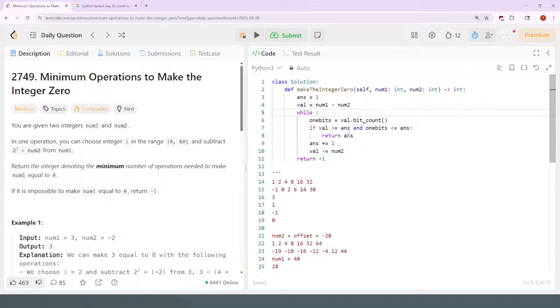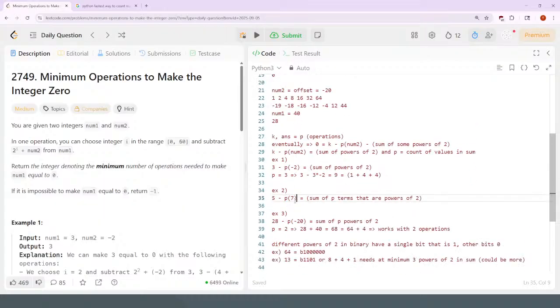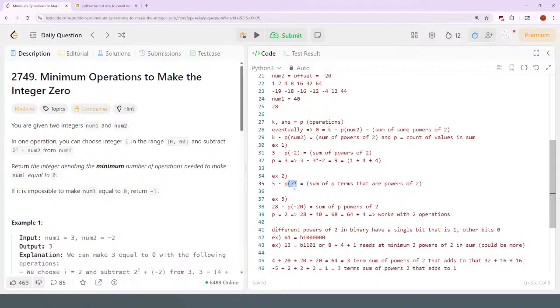So this condition should check when it's impossible. Where was it? 5 minus p times 7. This was impossible because this value was positive, so you're decreasing.